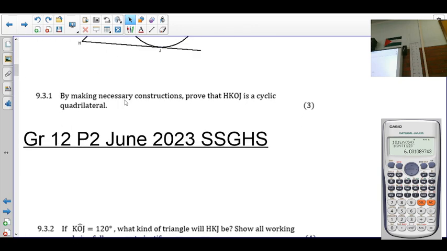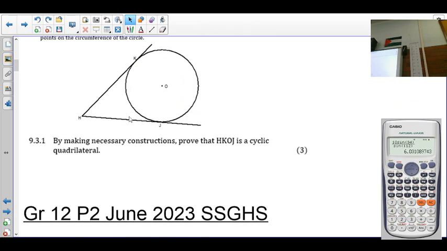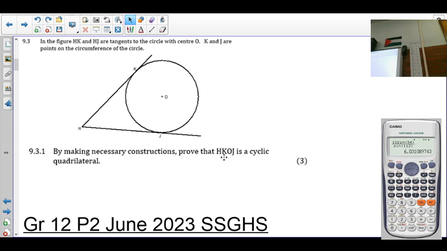The question says by making necessary construction prove that H, K, O, J is a cyclic quadrilateral. So then that construction needs to be made.